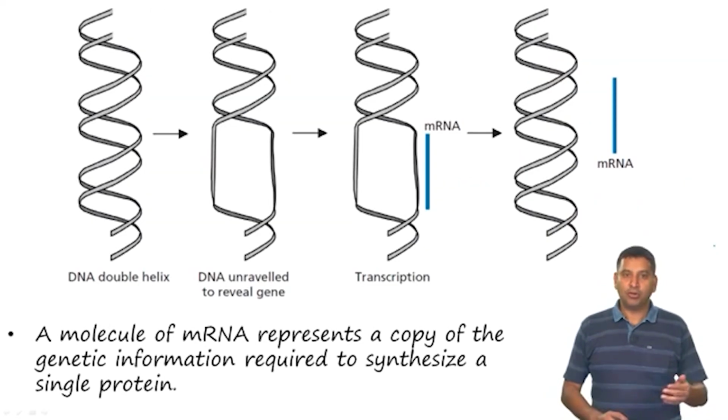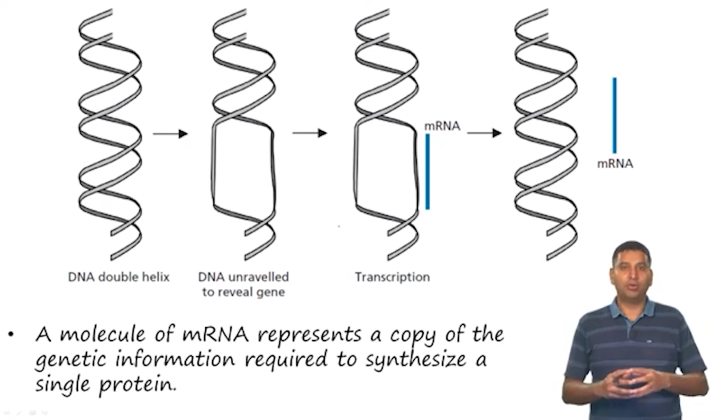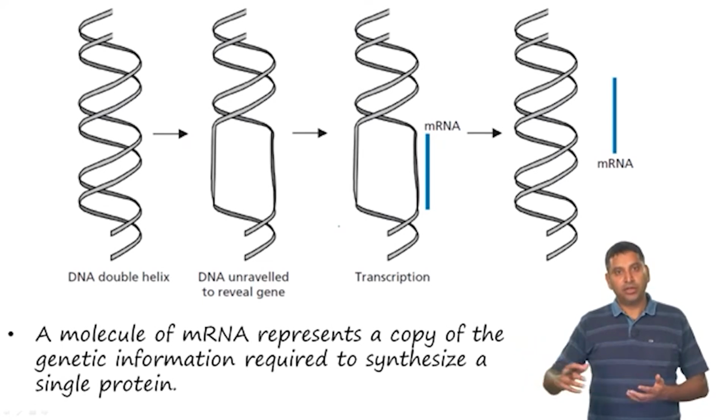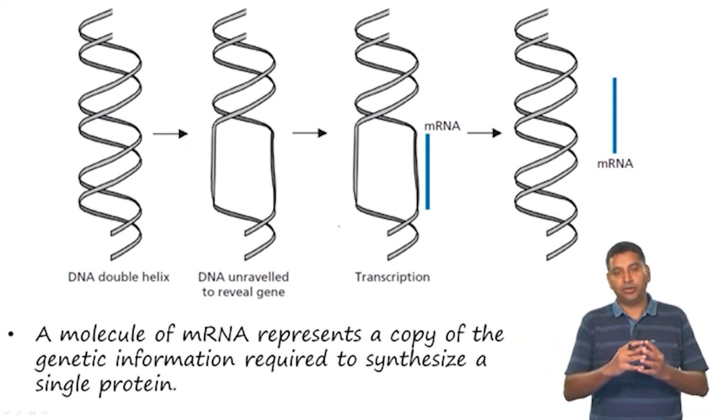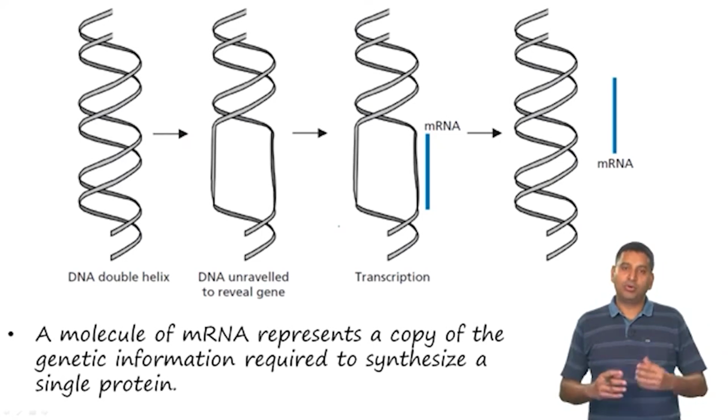Now let us look at how the transcription process takes place. In the previous lecture, we looked at how DNA exists as a double helix, and once the information from the DNA needs to be transferred to another DNA during cell division, we looked at how another template is formed and DNA is synthesized.